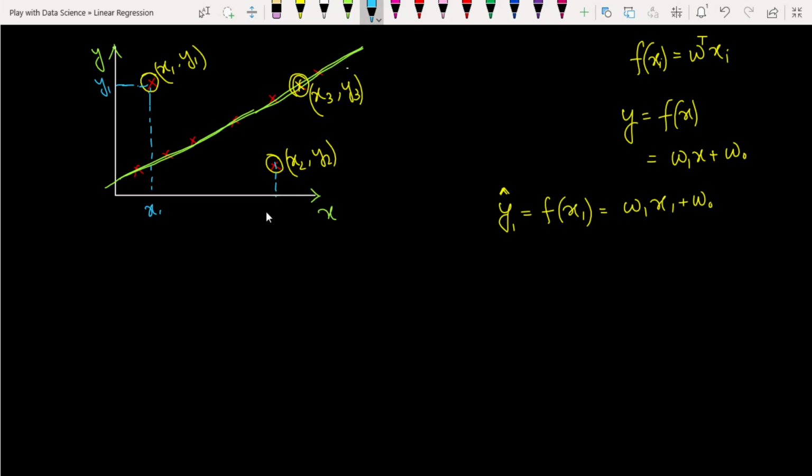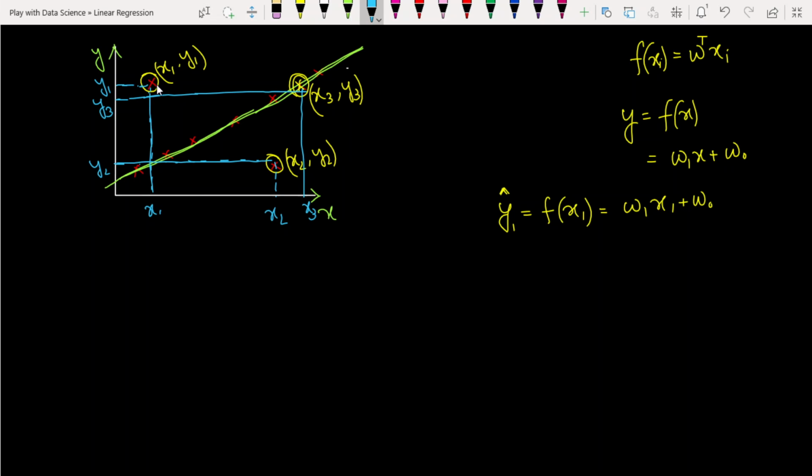Similarly, x2 is here and y2 is here. If we see this data, then it is our x3 and simply it is our y3.